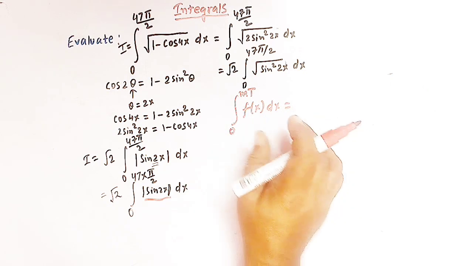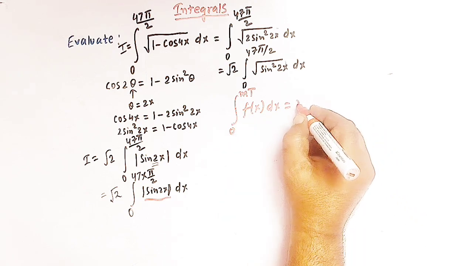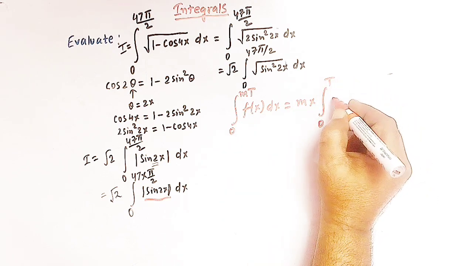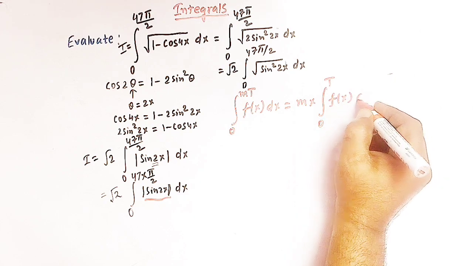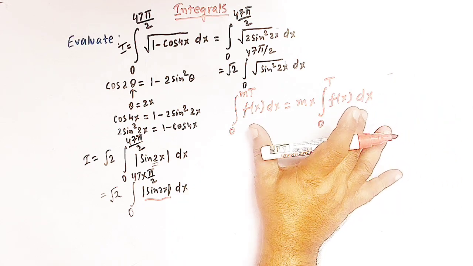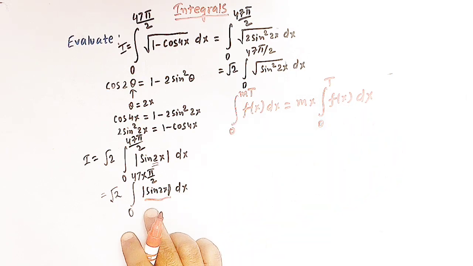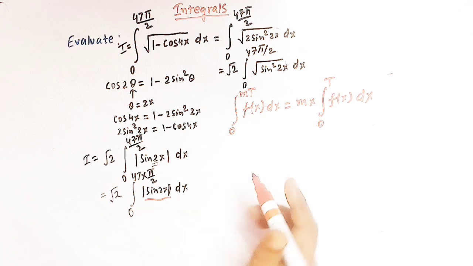Then the value of this integral is given by m times the integral from 0 to t of f of x dx. So this property is going to be very important in solving this integral, right?